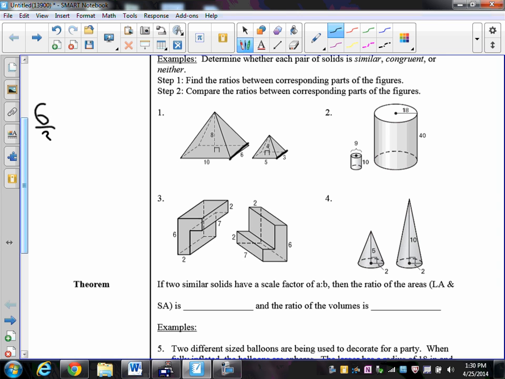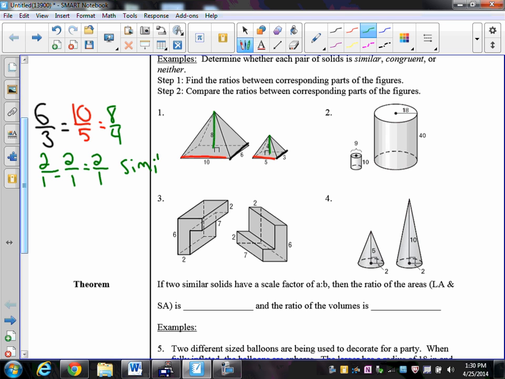So we're going to have 6 over 3, and we want to see if that's equal to 10 over 5, and if that's equal to the height of the pyramid, which is 8 over 4. And we see that all of those are 2 over 1. So that means that the pyramids are similar solids. Whenever we have a constant ratio, that means they're similar.